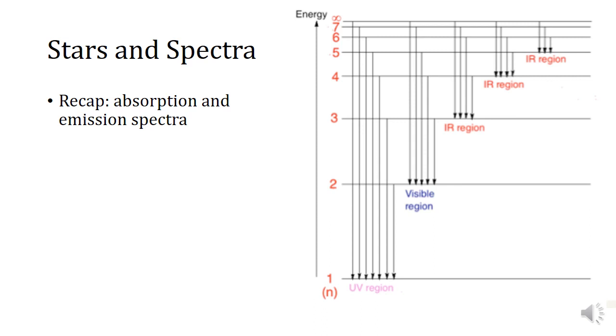So this is a quick recap of something we had a look at last year, looking at absorption and emission spectra. This diagram here on the right clearly shows an emission spectra. So you can tell that because the arrows are returning to the n equals 1, which means that they're releasing energy.